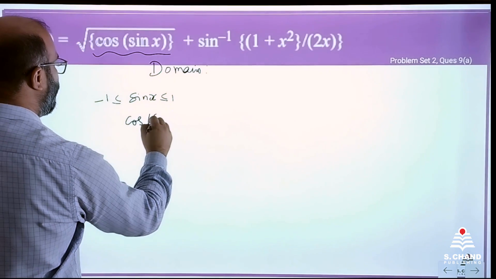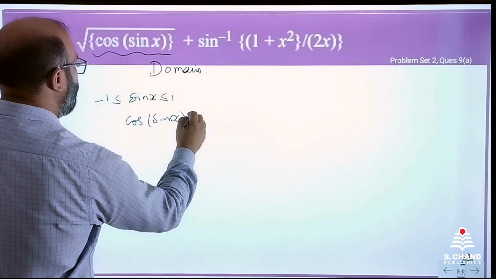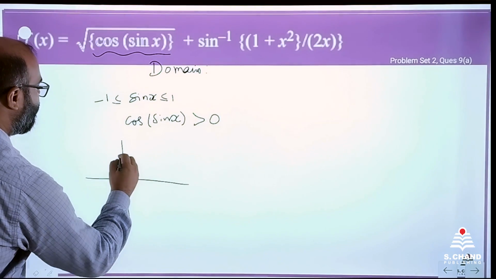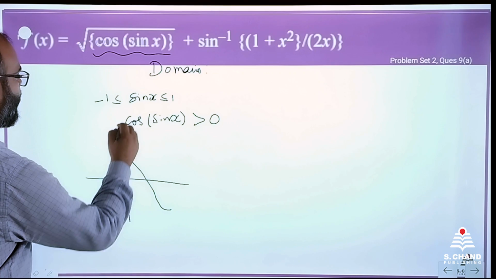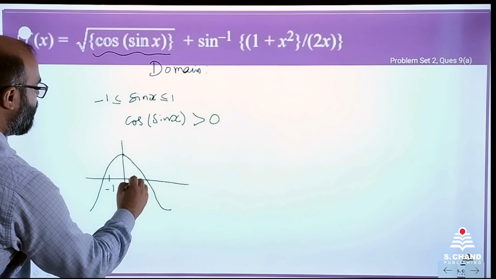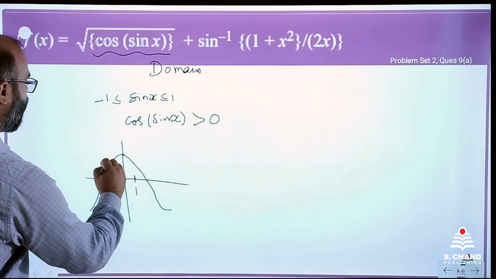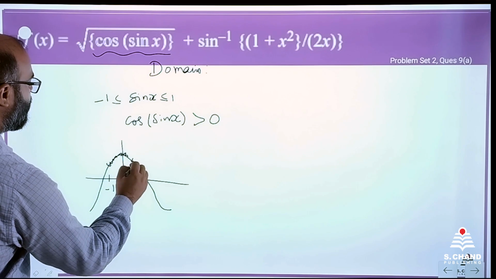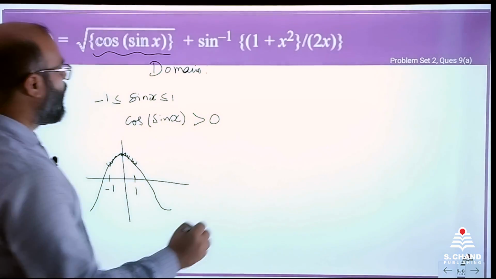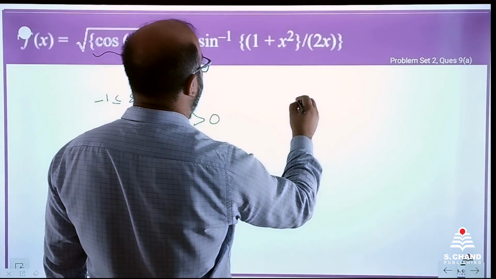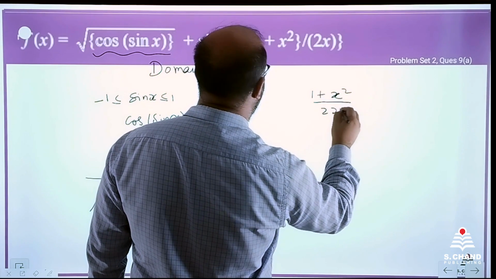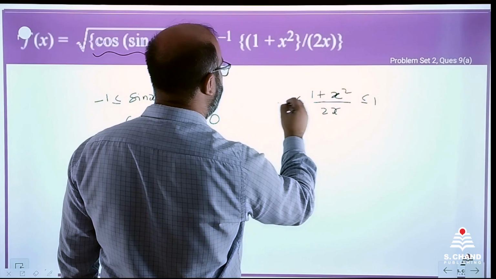So cos of sin x will have value always greater than 0 because we know that cos graph is like this, and if we take the input from minus 1 to 1, minus 1 is here, 1 is here, before pi by 2. So the cos part is basically giving this output, which is positive. And if we take this function, then we have (1 plus x square) by 2x between 1 and minus 1.